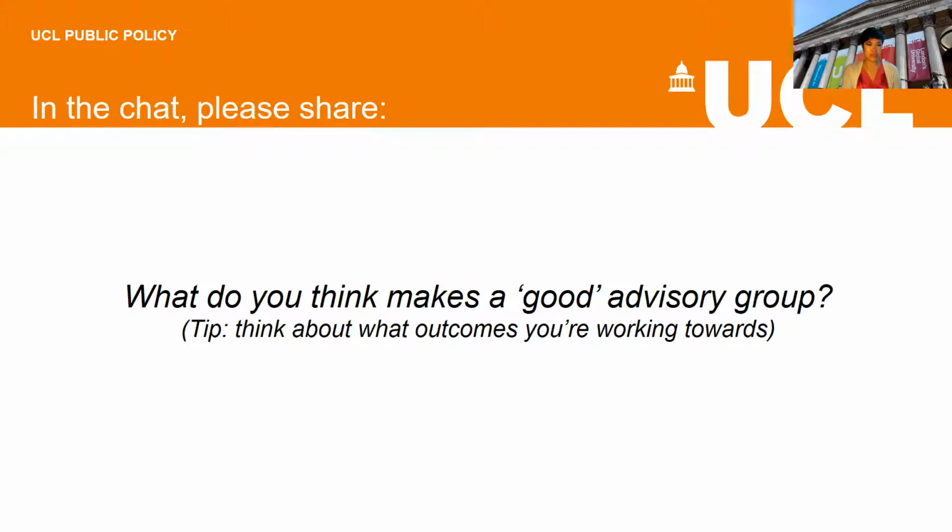Other suggestions were having clear aims and objectives. That's extremely important, so you need to have your terms of reference. In the terms of reference, you'll outline the goals and the expectations. Having a group where you're not just sharing, but also synthesizing ideas is also really important.